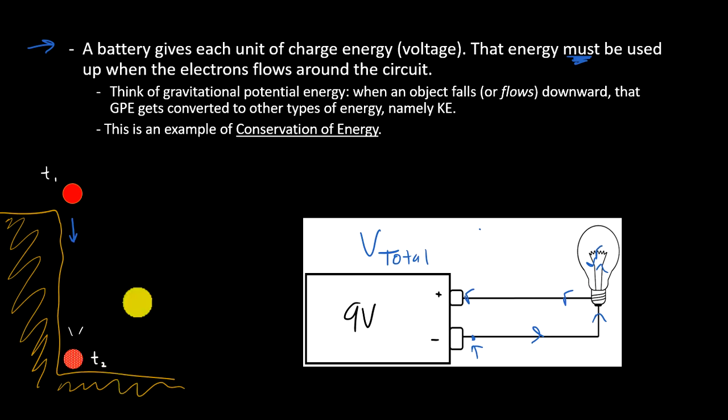Well, measured from the bottom, there's some amount of height. So if there's some amount of height, this ball must have some gravitational potential energy. I don't think any of you would argue with that. Gravity would make that ball fall downward, so it has some type of energy.